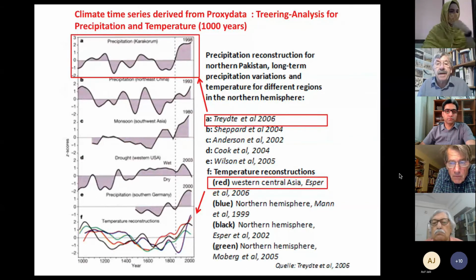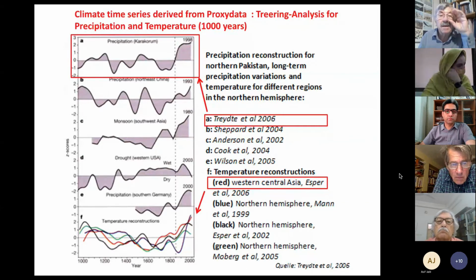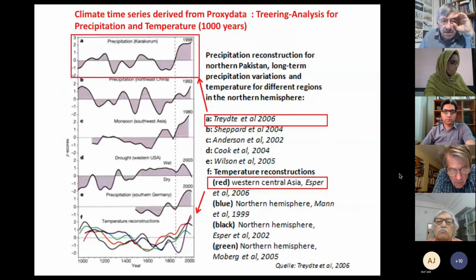It shows another type of proxy data, climate data derived from tree ring analysis for 1,000 years now. It's summarized in a system which we published some years ago in Nature, and it includes two systems for our area as well.